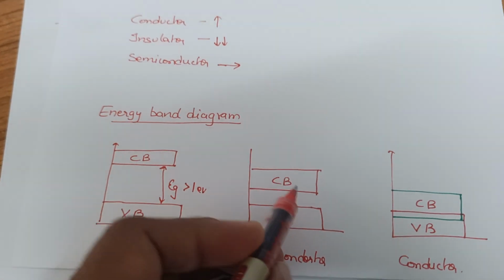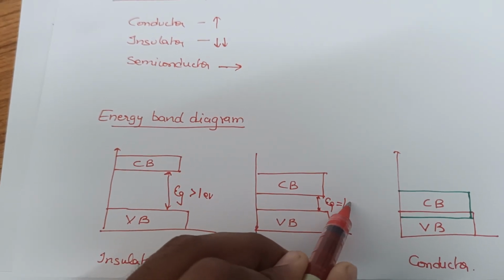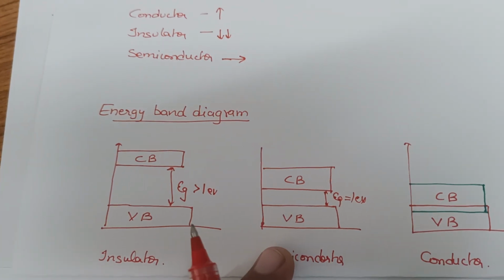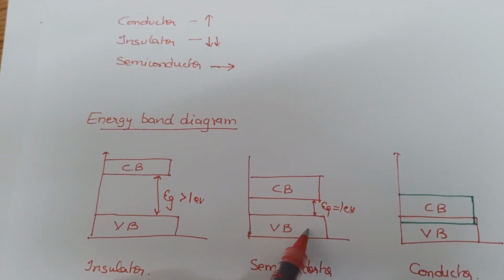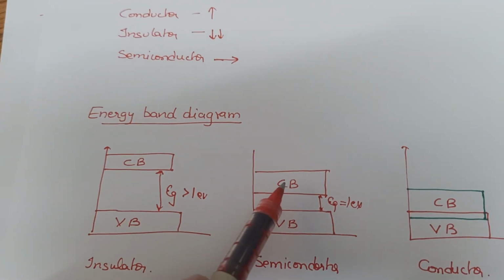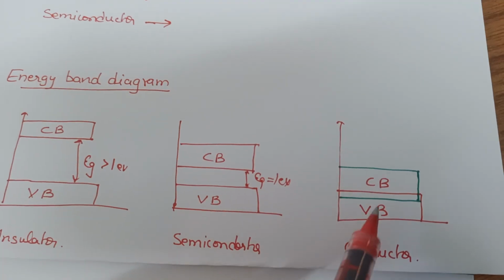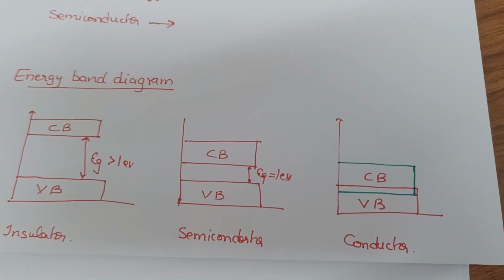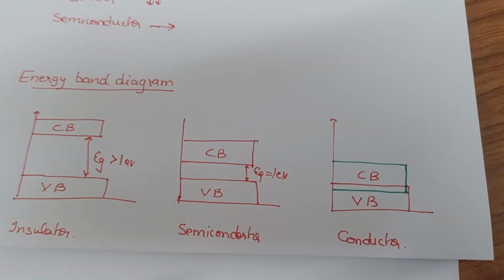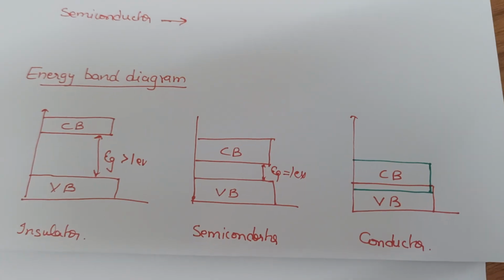In the semiconductor the energy gap Eg is about 1 eV. It means whenever we apply about 1 eV, the electrons from the valence band can jump to the conduction band. And in the conductor, the valence band and the conduction band overlap, so it's easy for electrons to move from the valence band to the conduction band.